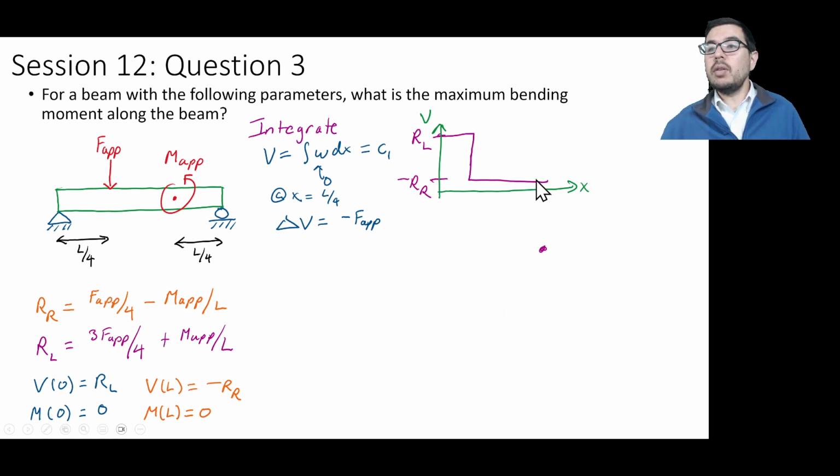So that's the value it's going to end at. And since we've integrated this distributed force, which is 0 with respect to x, then it has to be constant there as well. So this might be a simple idea, but it's subtle if you haven't done this type of problem prior. And once again, we have this jump, this delta V is equal to minus F app.